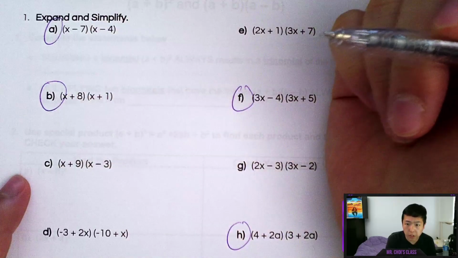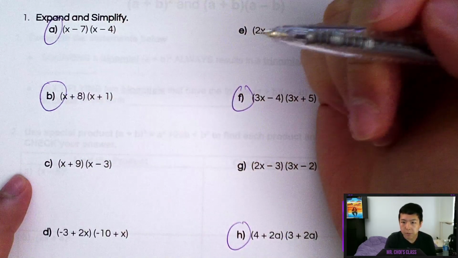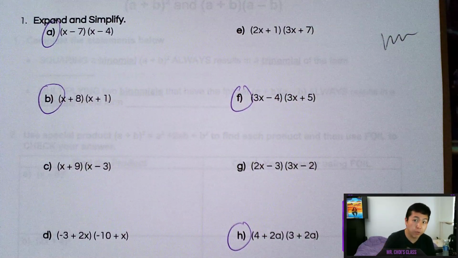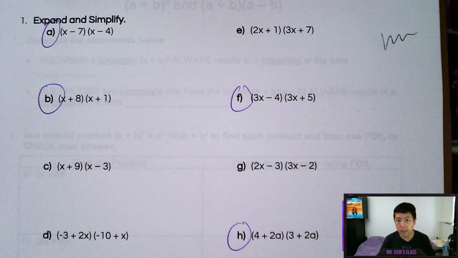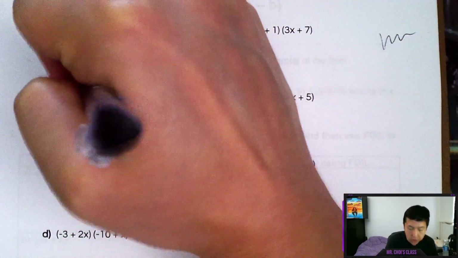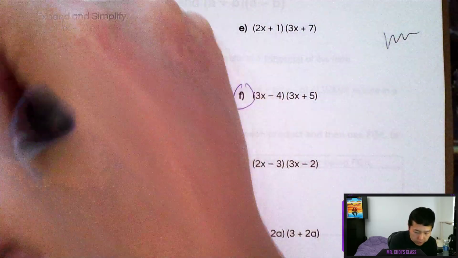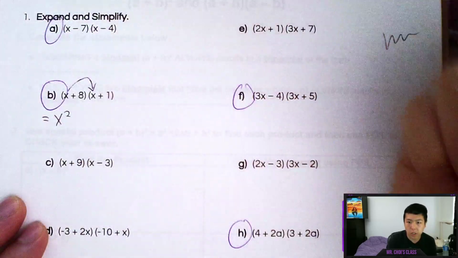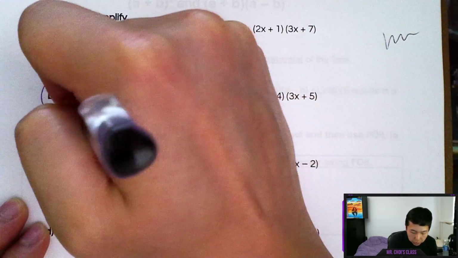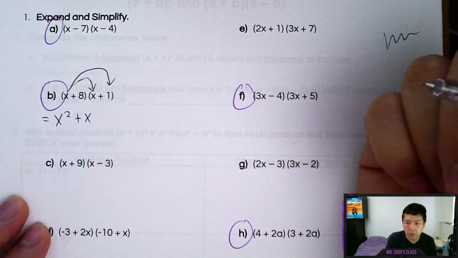So for the second one here, we have x plus 8 times x plus 1. When we follow FOIL, remember that FOIL stands for first, then outside, then inside, then last. So we're going to take our first terms and multiply them together. So x times x gives me x squared. Then we multiply x times 1, which is just 1x, or just positive x.